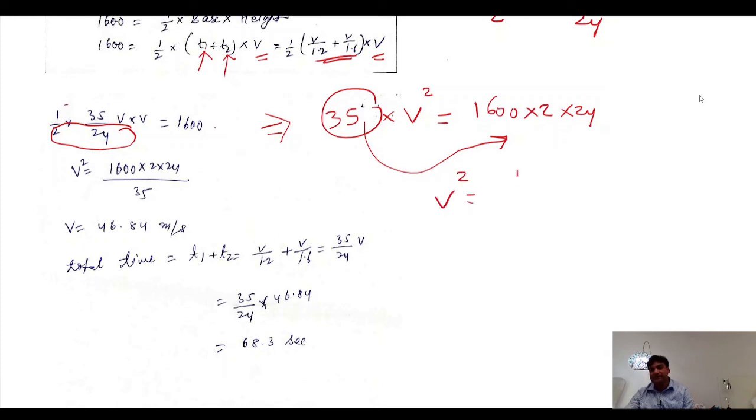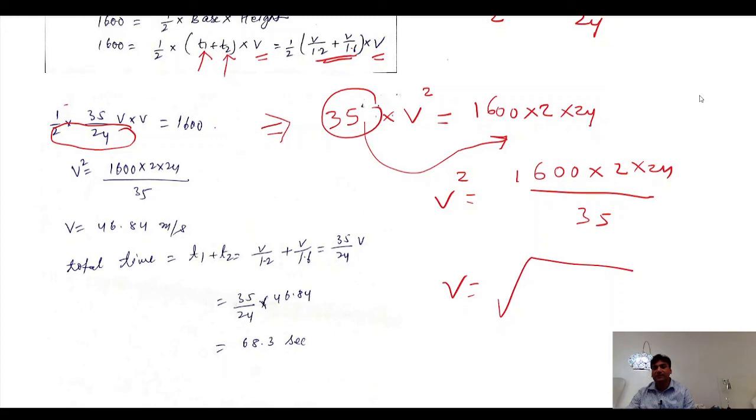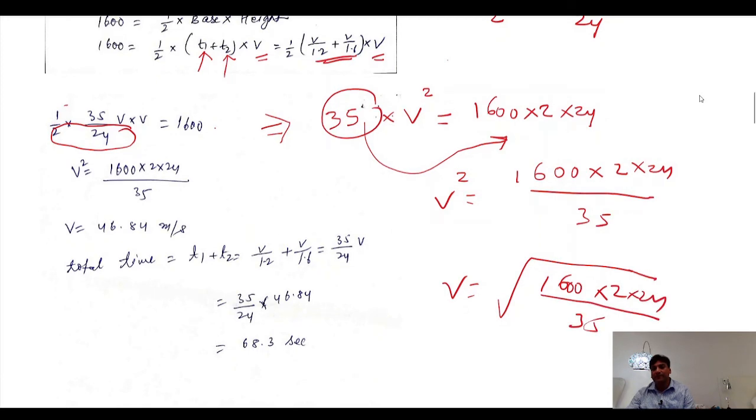So that is 1600 times 2 times 24 over 35. And now how can you get v? v is the root of 1600 times 2 times 24 over 35, right? This is your v. Now you can calculate this v. What is that? 46.84. So we got one of the answers.